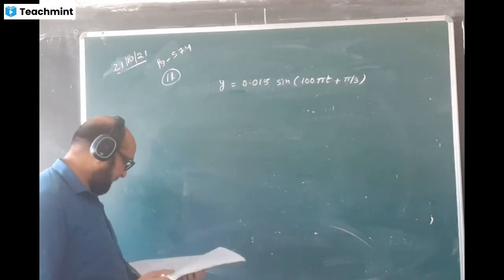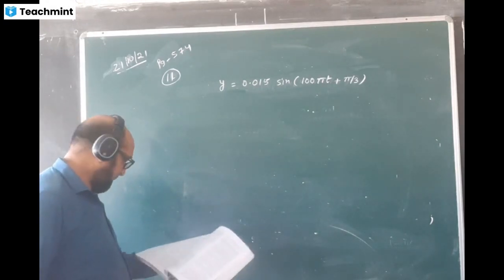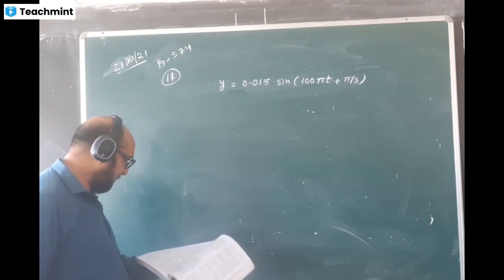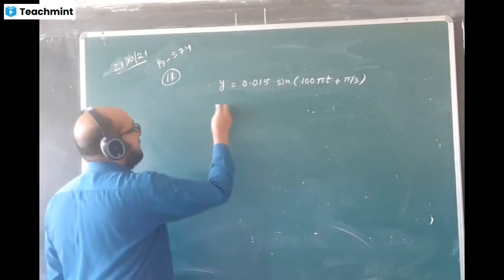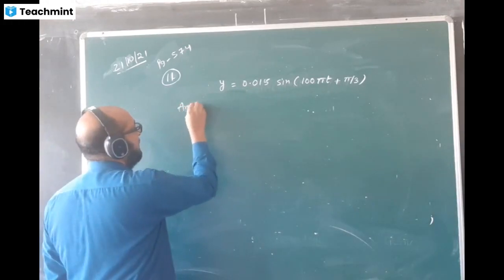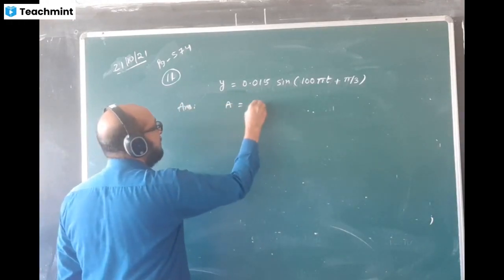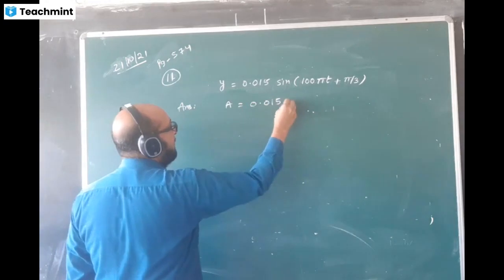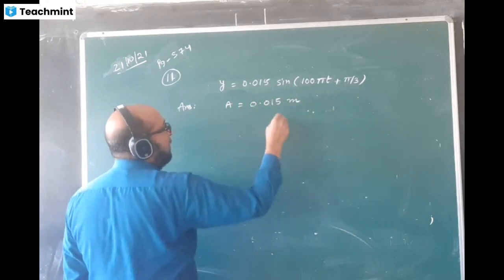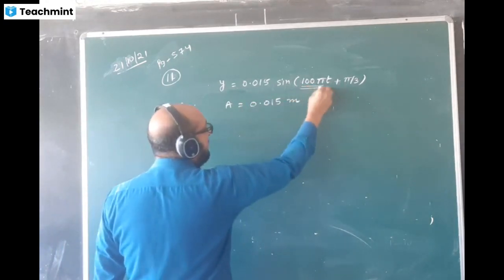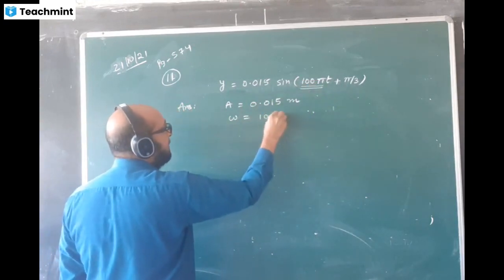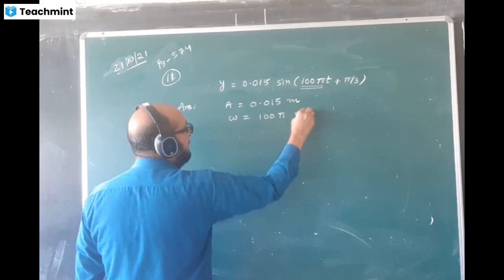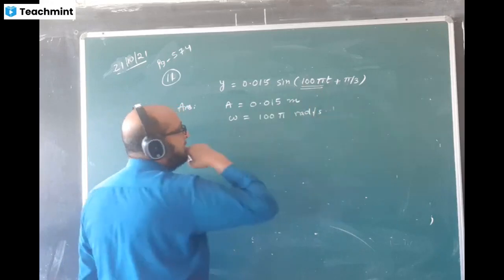Okay. All right. First, we must find the velocity of the body. So, what I will do, I'll write the value of A first. A value like 0.015 meters. Omega value, this is the value of omega because formula is omega t. Omega value 100 pi radian per second on comparison.